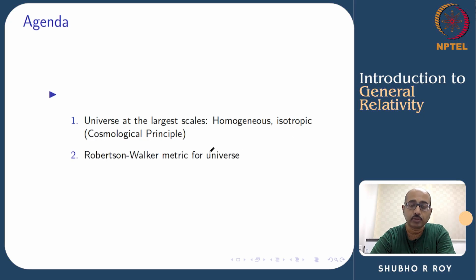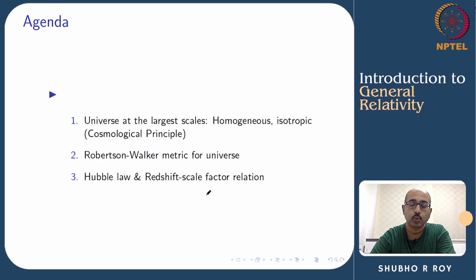And that would lead us to the second item, which is called the Robertson-Walker metric for the universe, which can be written down, as I've mentioned before, just on the basis of the symmetries. And then we will see some consequences of this form of spacetime metric for the large scale of the universe. Namely, it will lead to something called the Hubble law for the recessional velocities of galaxies and the redshift scale factor relation.